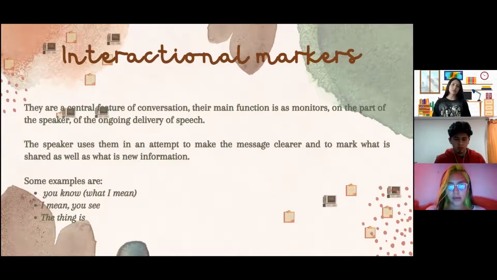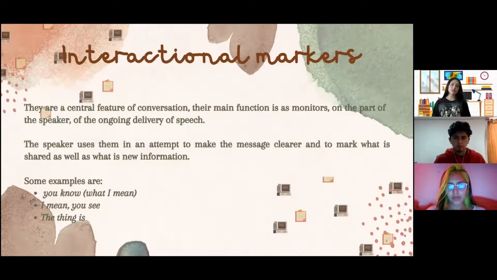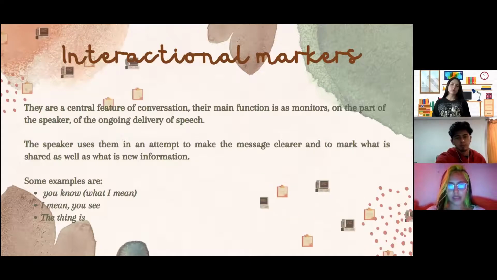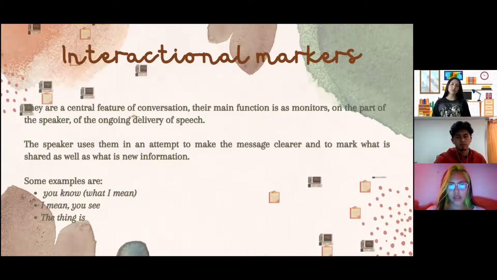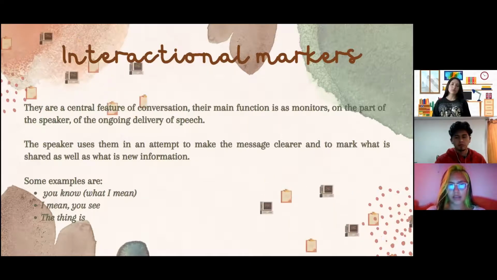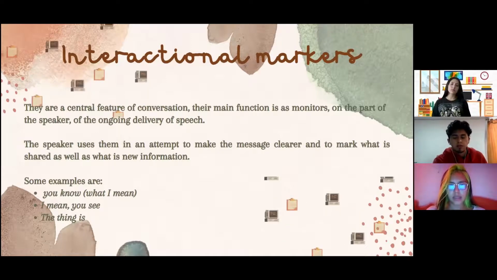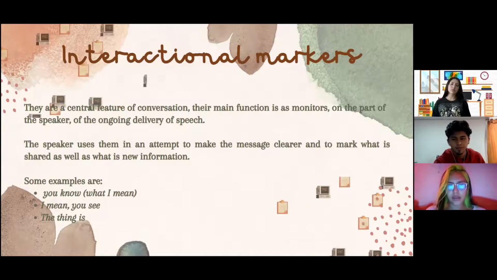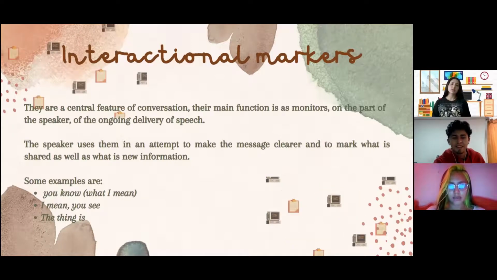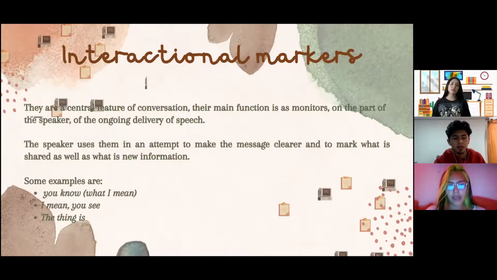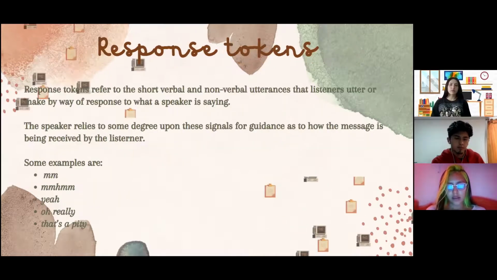The speaker uses them in an attempt to make the message clear and to mark what is shared. Some examples are, "you know," "what I mean," "I mean," "you say," and "the thing is."